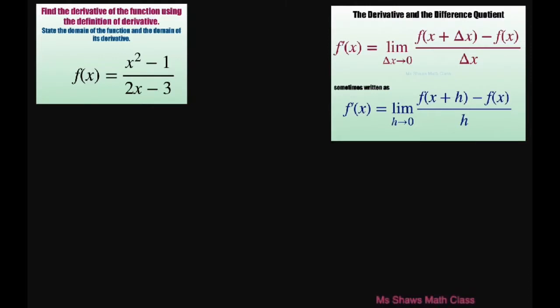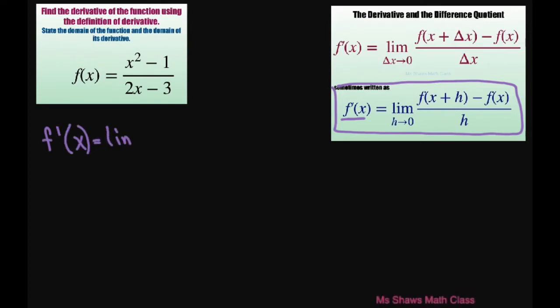So there's that. And let's find the derivative using this definition of the derivative. It's the difference quotient, but you're taking the limit, and that's going to be your derivative. So we're going to have f prime of x equals the limit as h approaches 0. Now we're going to take this x and substitute in x plus h.